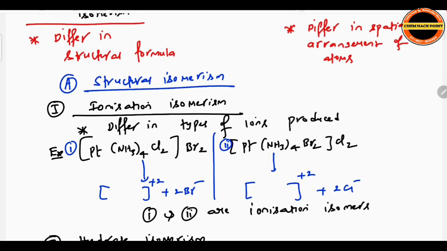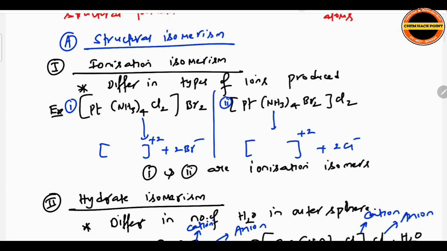Under structural isomerism, first is ionization isomerism. The name itself indicates that the isomers differ in the type of ions produced. For example, see coordination compound 1 and coordination compound 2. Both have the same molecular formula, which is the main criterion. The first compound produces the coordination ion with a plus 2 charge and 2Br minus.